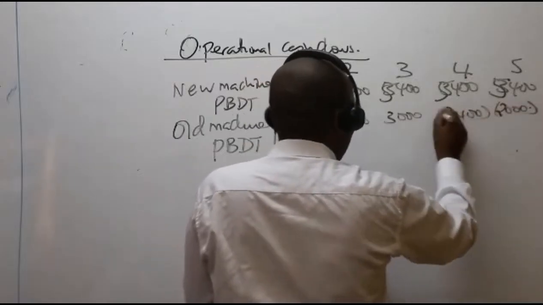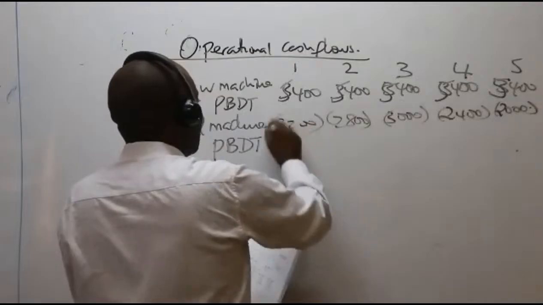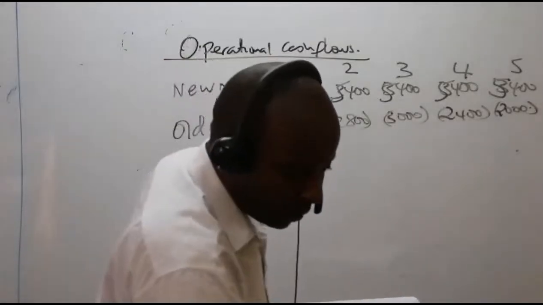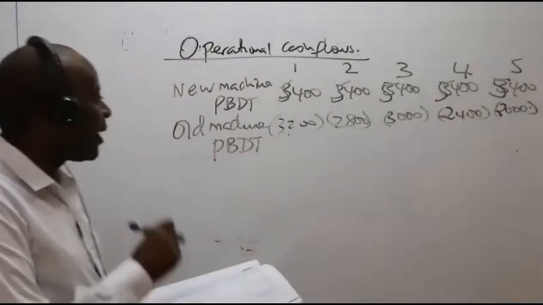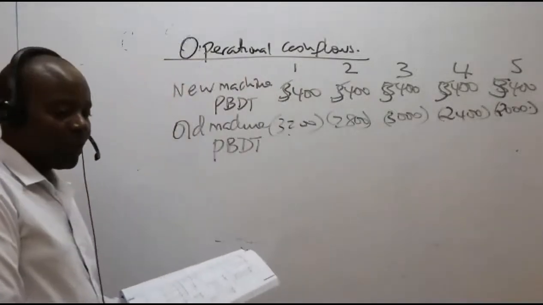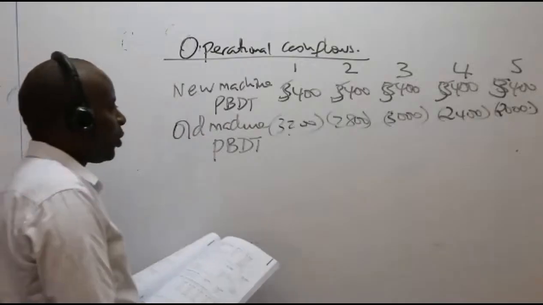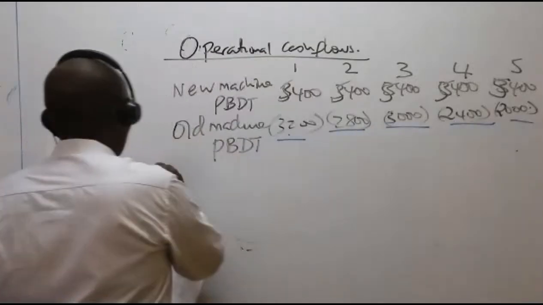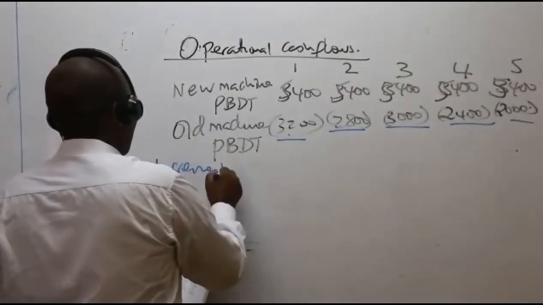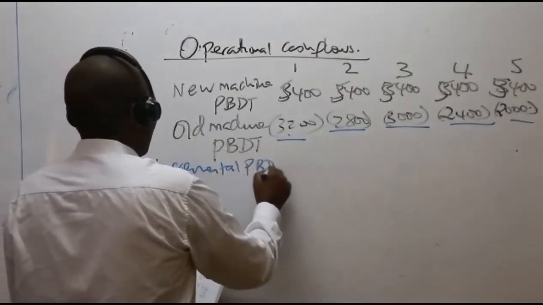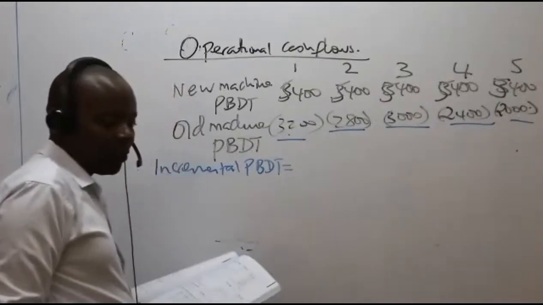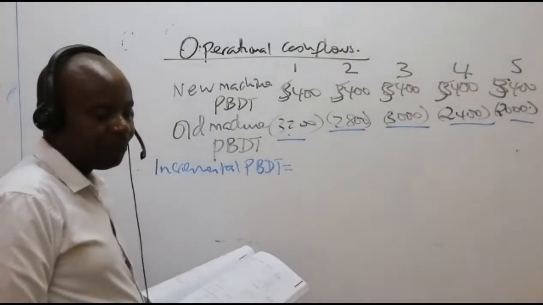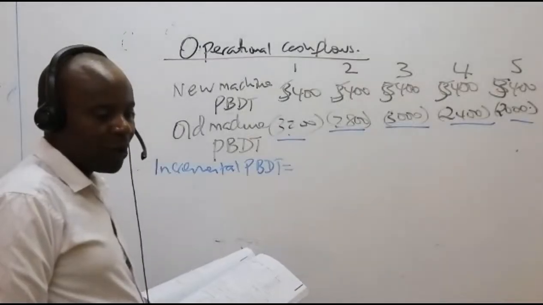So please subtract for you to get that incremental PBDT. Is there somebody who is able to give us that incremental PBDT? What figures do we have, somebody here? The first one, 5,400 minus 3,200.